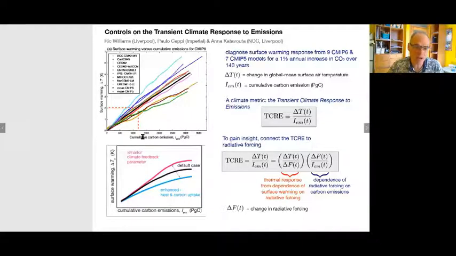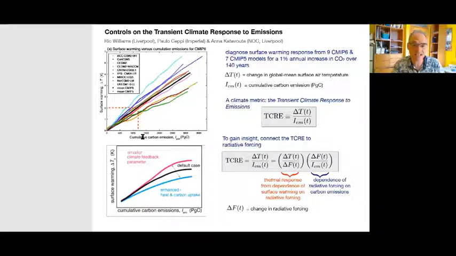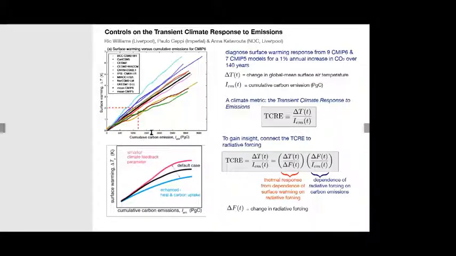I fully agree with you that one should be extending this to include the non-CO2 contributions. We have done that for CMIP5 before, and it does make a contribution over the first 10 years.